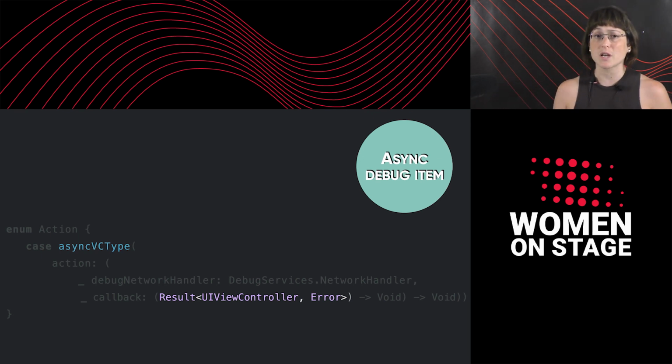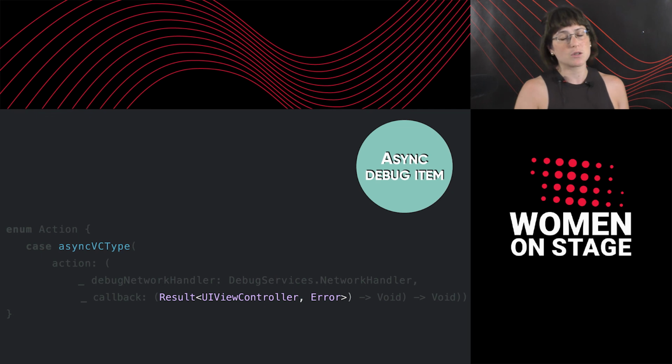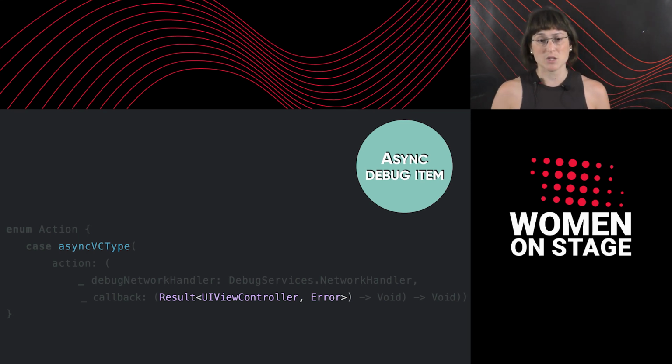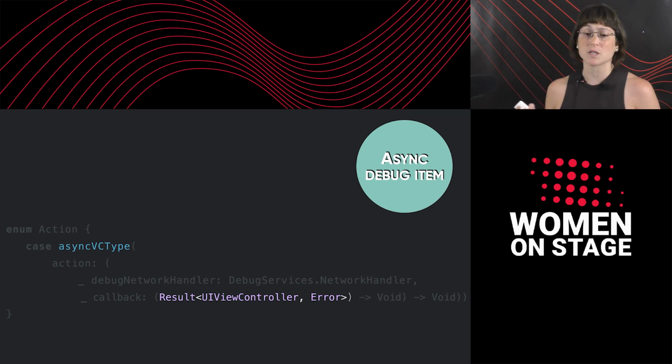In case of a successful network call, if I succeeded in receiving the data that I need and created the object that I now want to return, I will send it back, as you can see here, in the result in case of a success. I will return a UI view controller. Otherwise, I will return an error. Why is this important?